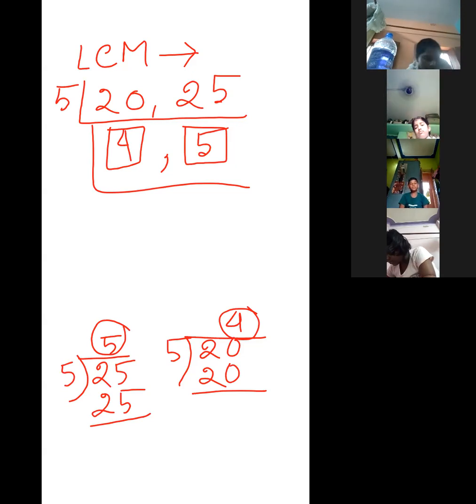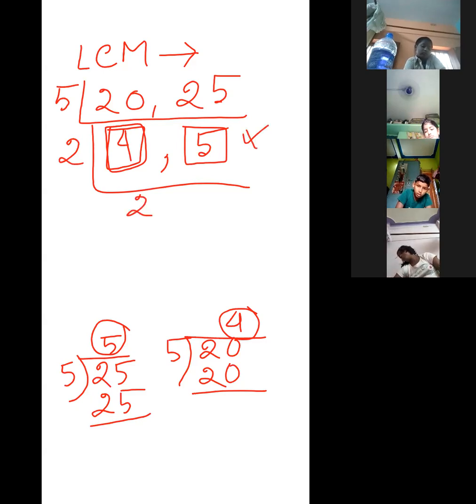Okay, okay. Acha, now this 4 is not a prime number, na? It is a composite number because 2 2s are 4. So we can take 2. 2 2s are 4. Basically, if we stop here, that one is also correct because these are co-prime. But as we are doing prime factorization, complete the whole procedure.